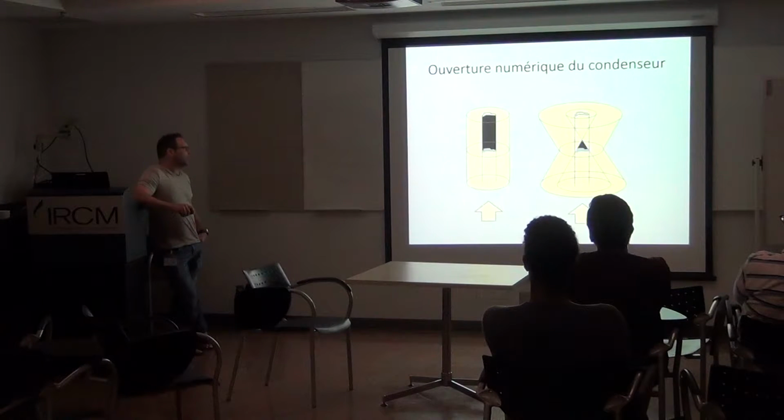Condenser, and also depth of focus. Let's say you only have straight rays that go onto your object. If it's really straight, the object is going to block light, and then you're only going to have the shadow like this.